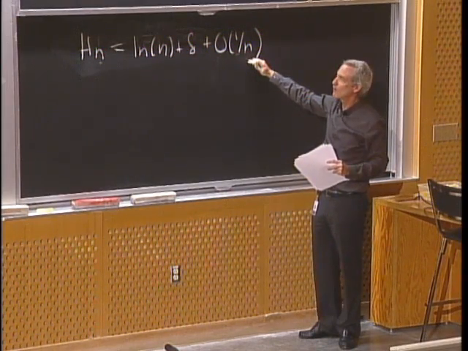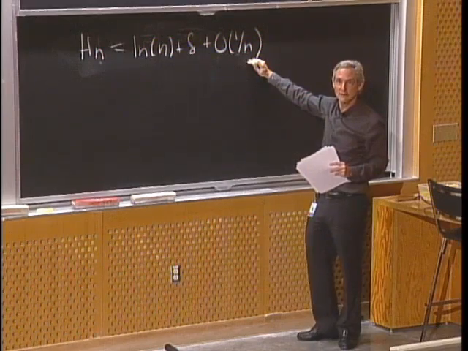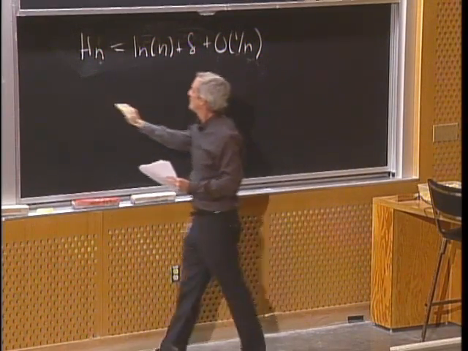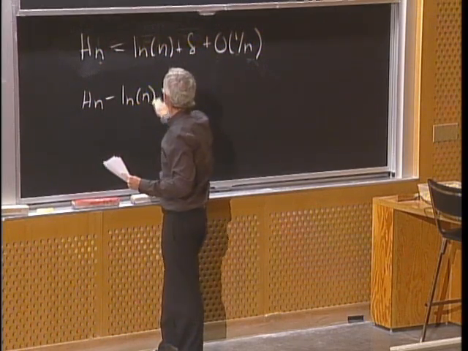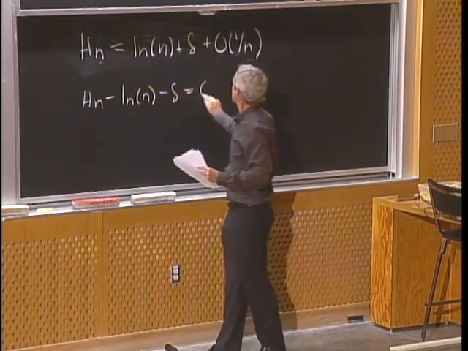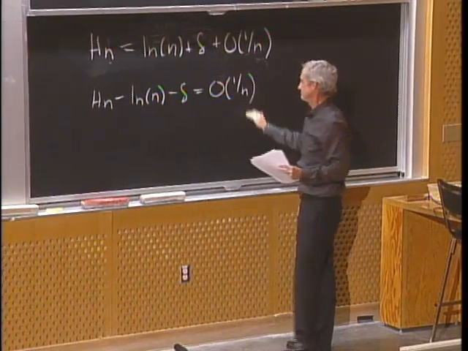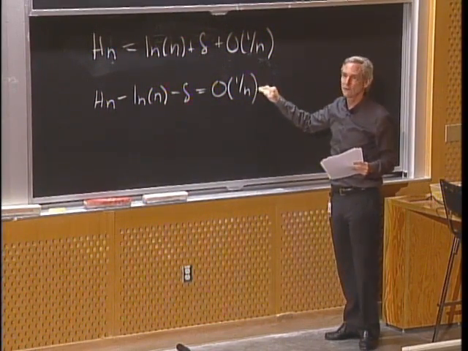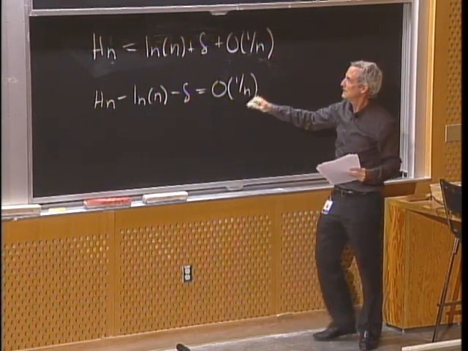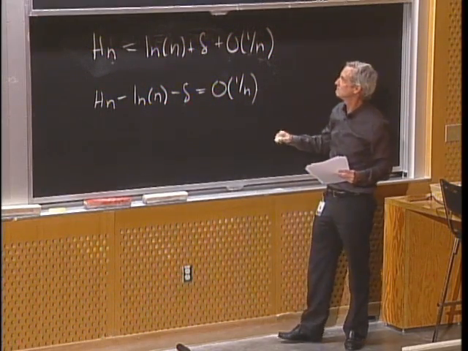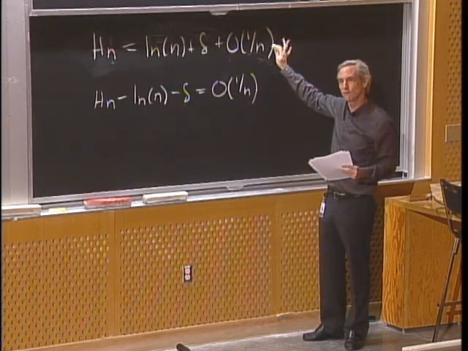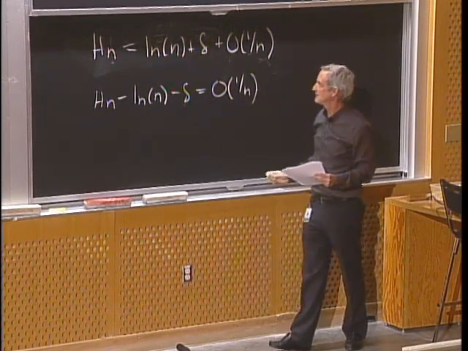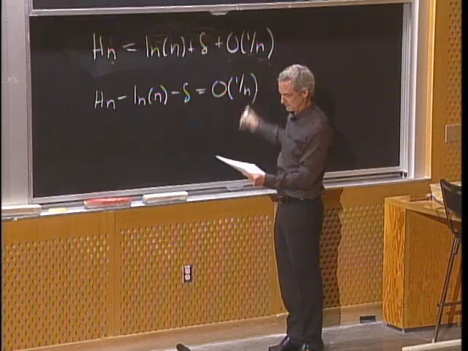Technically, this is the wrong way to write it, but everybody does it, so you can too. What it means is: h of n minus ln of n minus delta is O of 1 over n. That's the correct way to write it, because you're taking the ratio of this over that. Make sure you understand what it means when we put it over there.